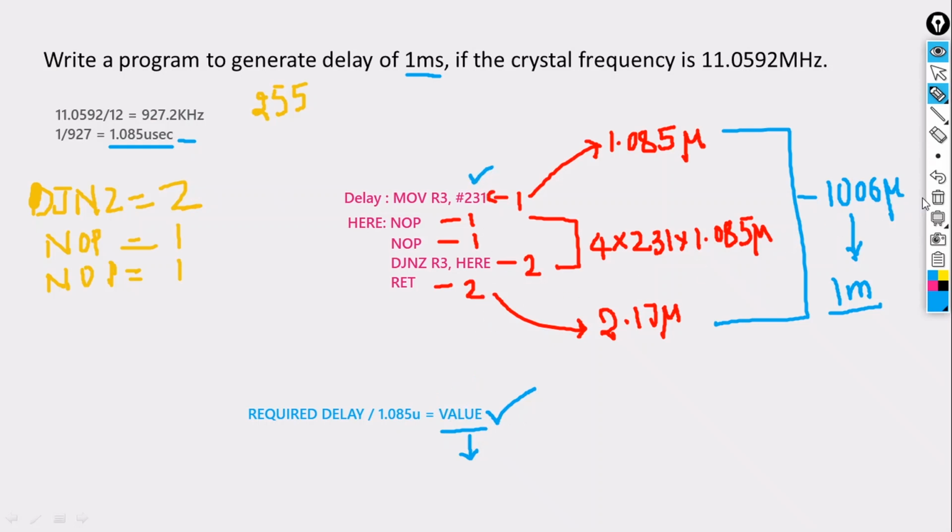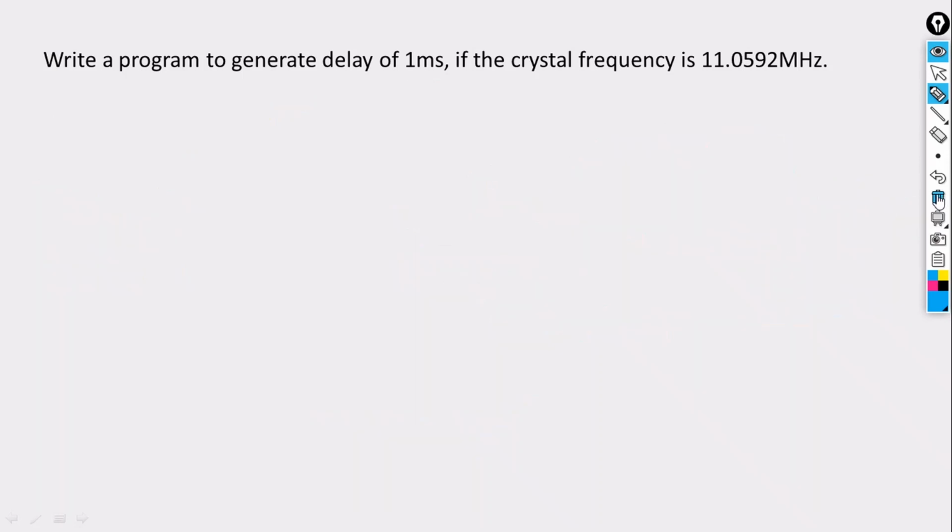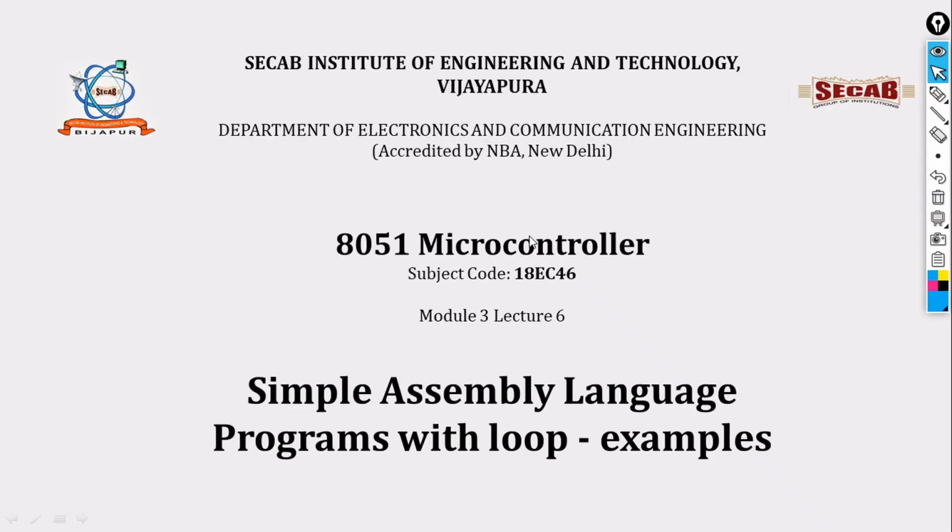This is how we calculate our time delays. This is all regarding simple assembly level programs using loops, and how we write down the programs.